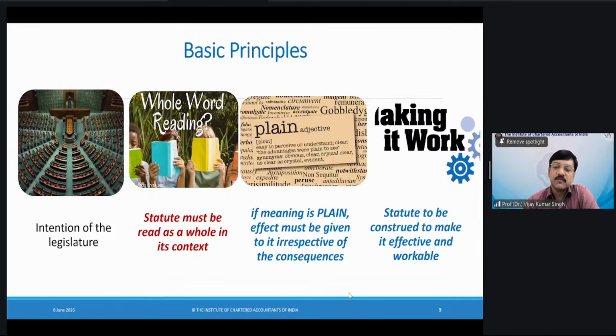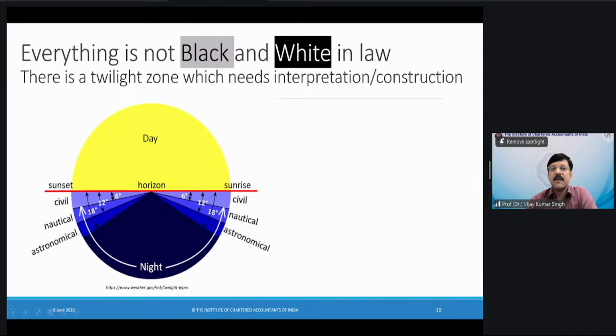Then now let us move ahead, one by one, with each principle. But before we go into one by one, let me give you the logic of why we are talking about interpretation. We are talking about interpretation because everything is not black and white in law, right? So you cannot say that it is mathematics.